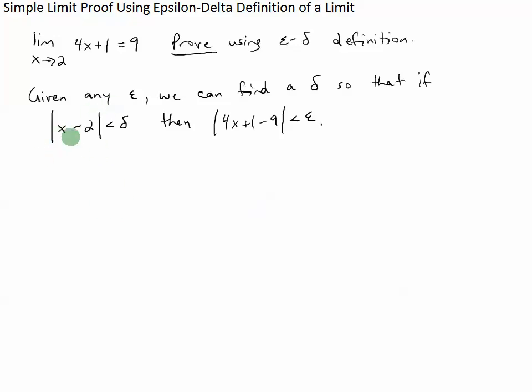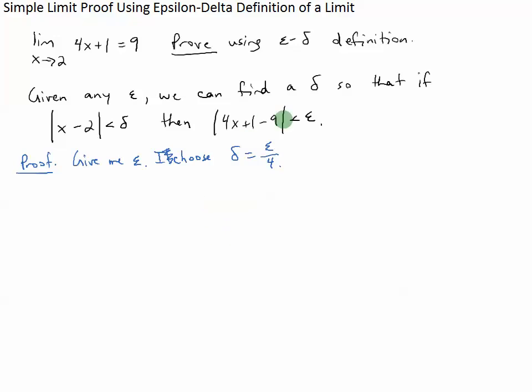Okay, so now we're given epsilon. This is the actual proof, so let me label it. We've done our homework. We know how to pick a delta, so now we're going to prove this statement using the delta that we chose. So the proof. Give me epsilon. I choose delta to be whatever epsilon you give me. I choose delta to be that epsilon divided by 4.